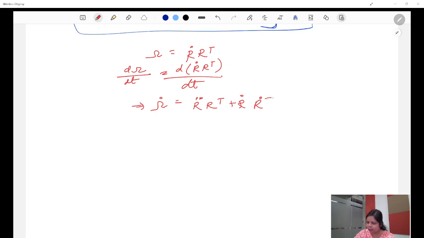This is what you are going to get, and it is your angular acceleration matrix given by omega dot.